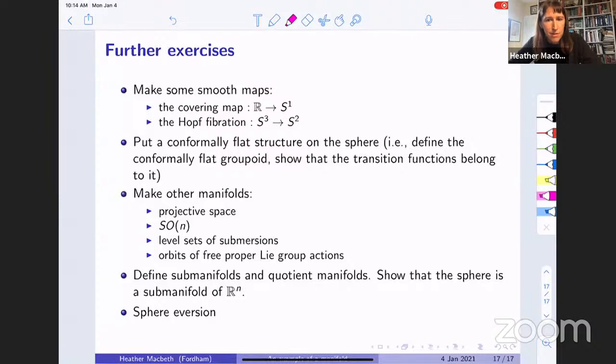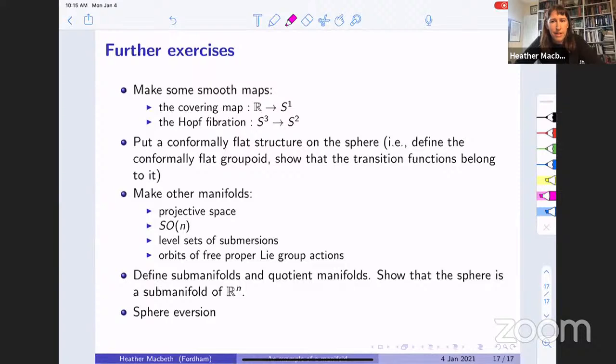Something else would be to define the groupoid of functions which are conformal, that is angle preserving, and to check that the transition functions of the sphere belong to this groupoid.